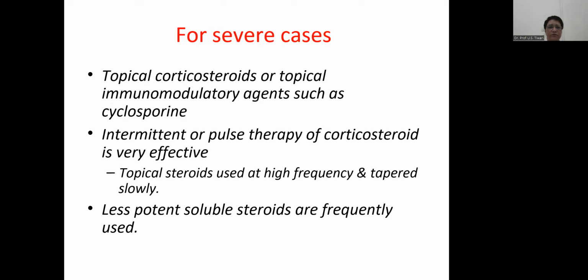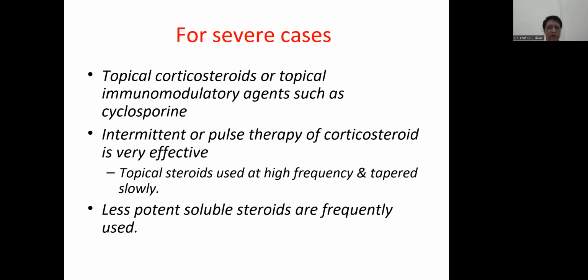For more severe cases, we resort to topical steroids or topical immunomodulatory substances such as cyclosporine. The topical steroids are very effective. They are used either as intermittent or pulse therapy. The topical steroids are used at a higher frequency and should be tapered slowly.